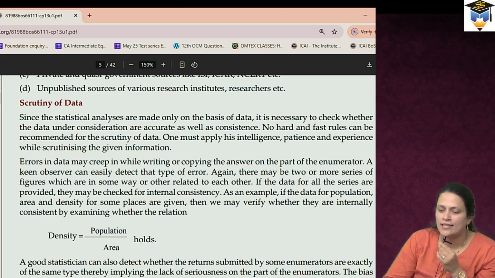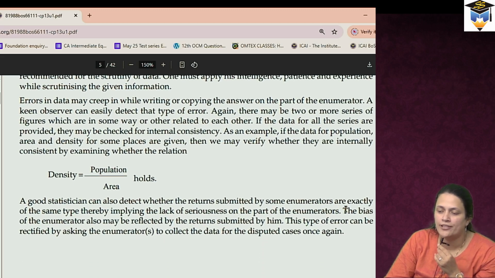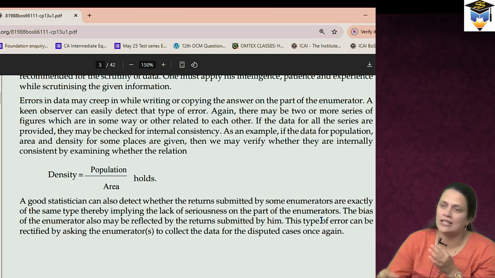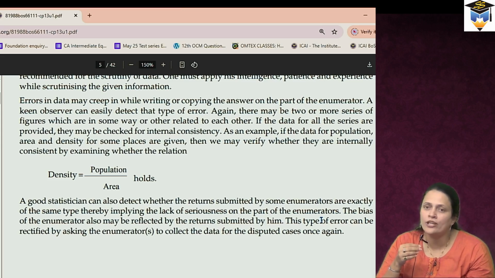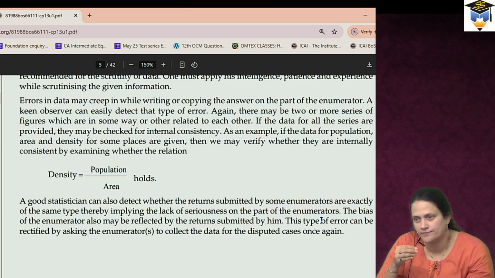Now, a good statistician can also detect whether the returns submitted by some enumerators are exactly of the same type, thereby implying a lack of seriousness on the part of the enumerator. Now I have appointed both of them under me. But if Om doesn't want to do his job, he is tired of doing his job, what will he do? He will say, let it go.